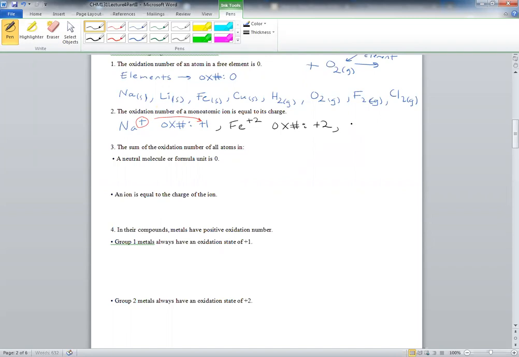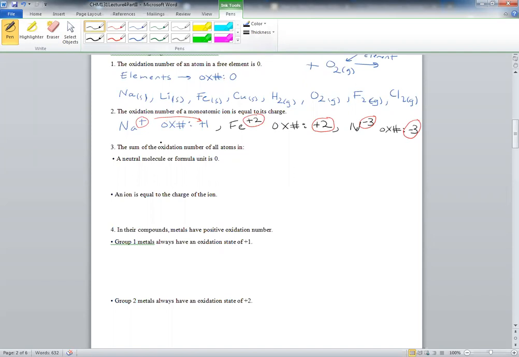If I have N 3-, once again by itself, then the oxidation number is -3. So that's it for monatomic, just one atom. You always look at the top here, and if you see a charge, then that's your oxidation number.